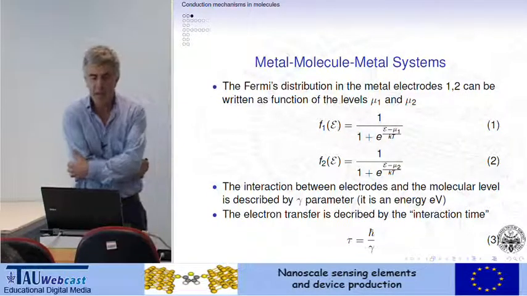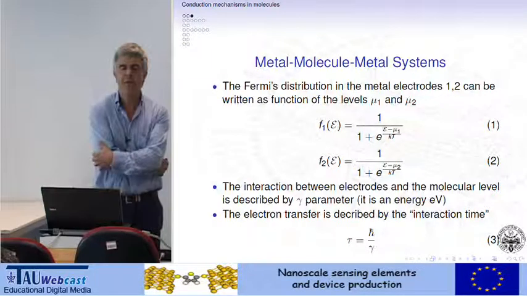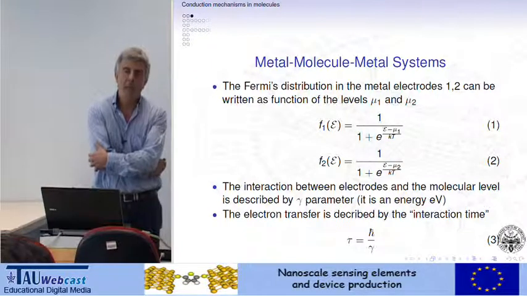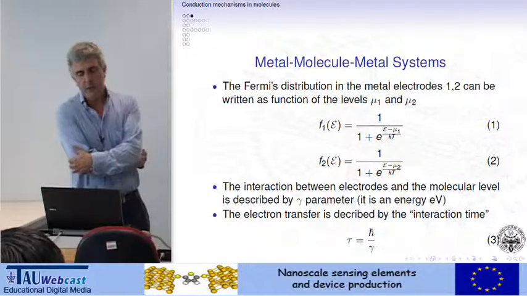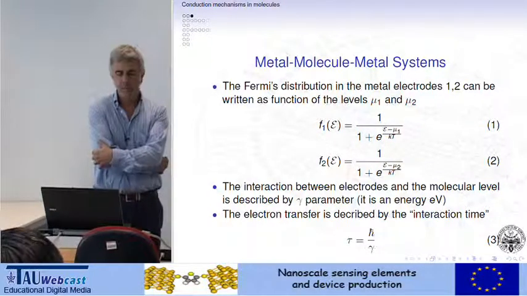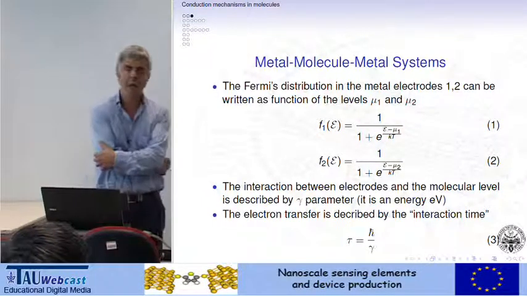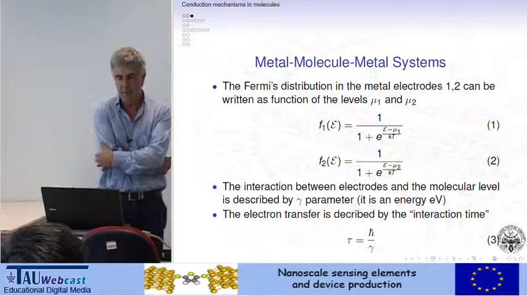So this is a number. If you know the temperature and the Fermi level, this function gives you a number, and this number can be used to understand how many electrons are in that state. So this is a simple equation, and we need another one to describe transport from the electrodes to the molecule.